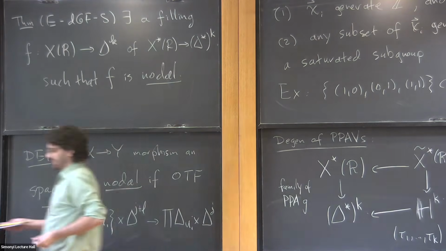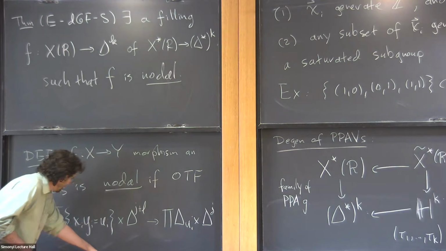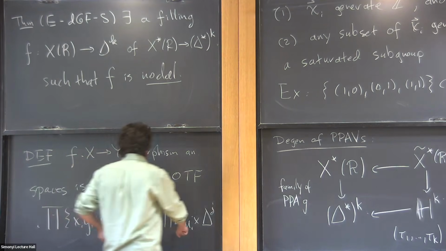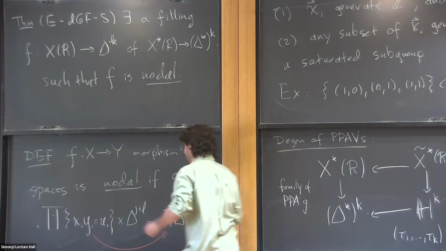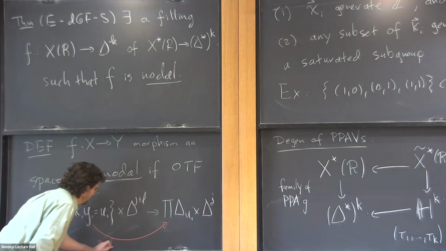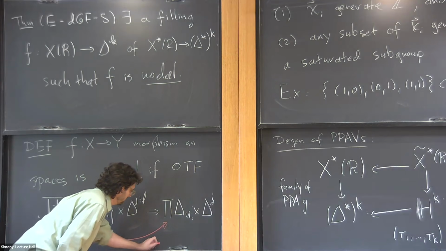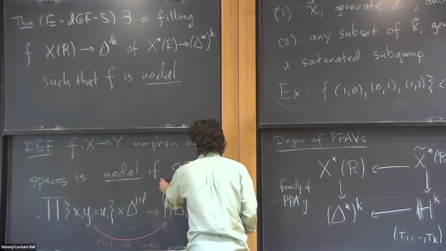Okay, so let's see what this is. We start with xi yi equals ui, just projecting down to the ui coordinate. If we take a product of those, this is a product of node smoothings, and then this is just projection. So this is a smooth morphism.